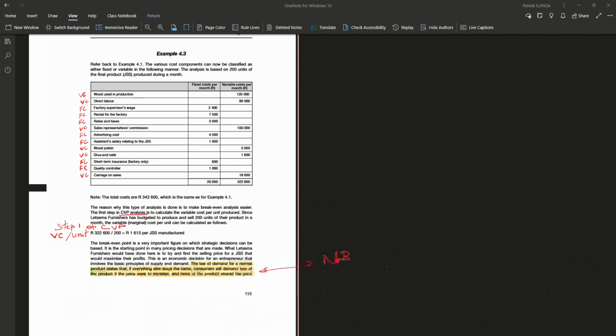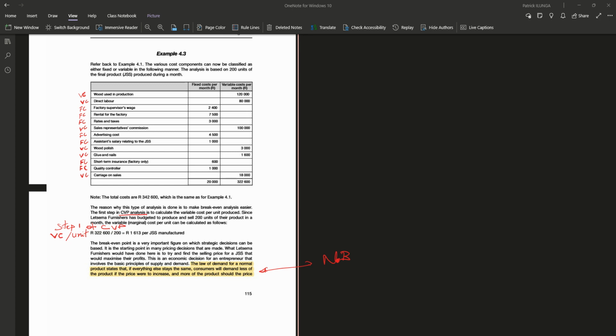And if you look at our table, come back to the table, it's very important. We can see what the fixed cost for the month is. It's 20,000. This table is not there for nothing. I'm drawing your attention to this. The reason why we were looking at the categorization between fixed cost and variable cost is so that we can have the total fixed cost and the total variable cost.